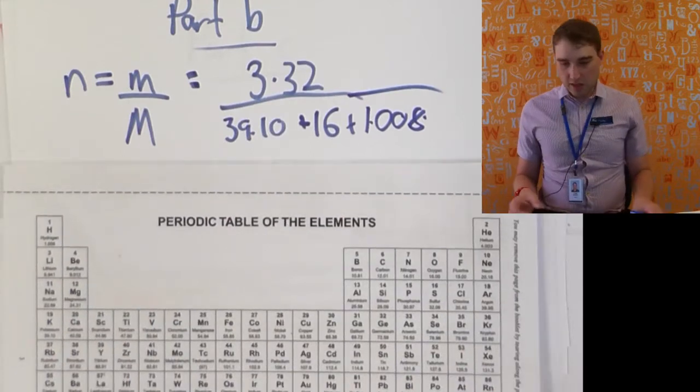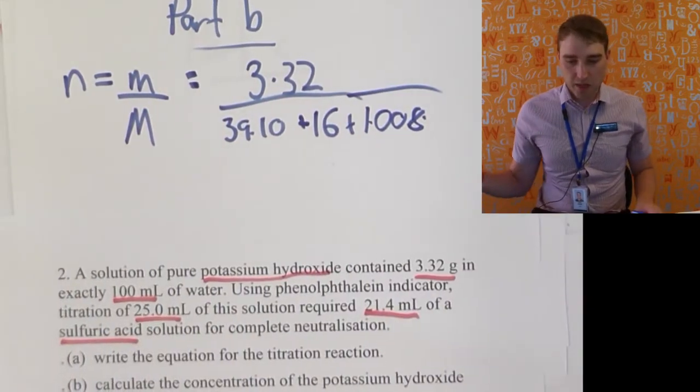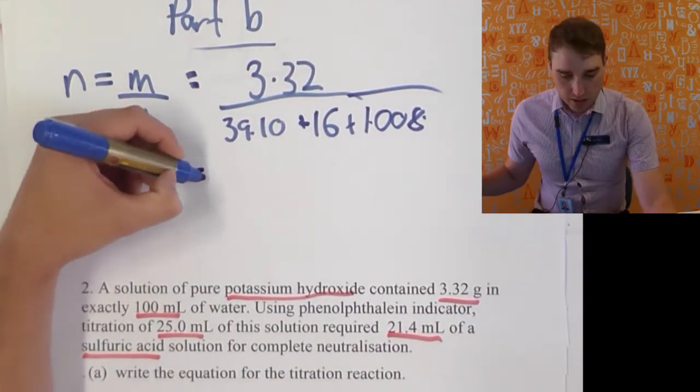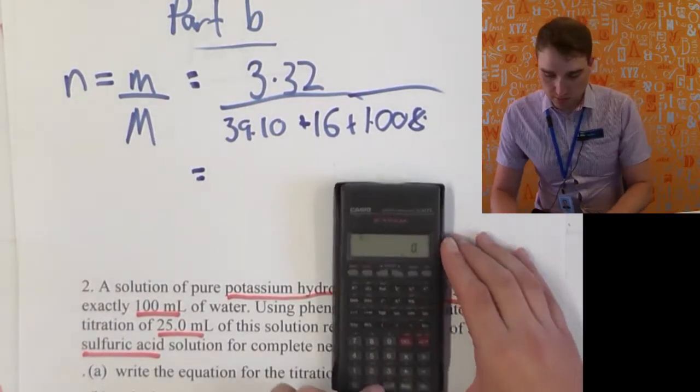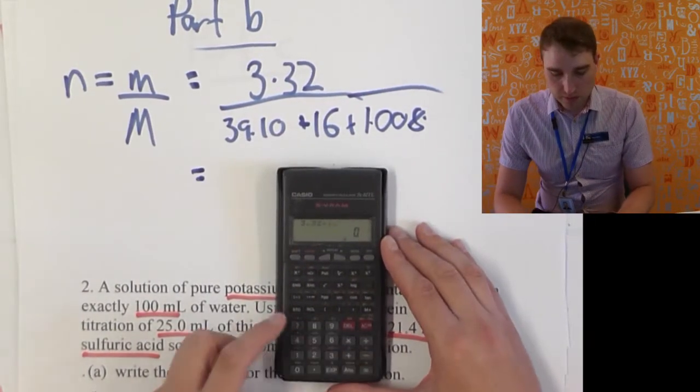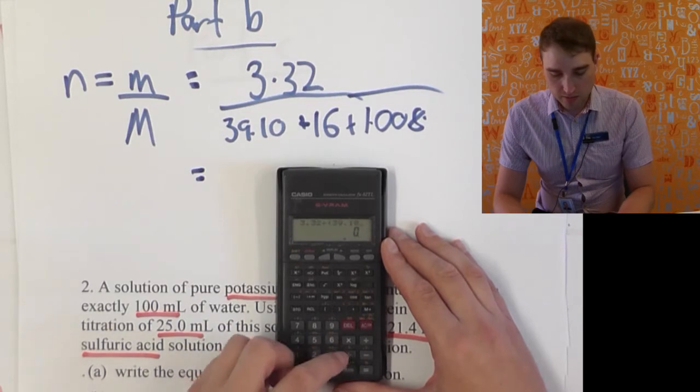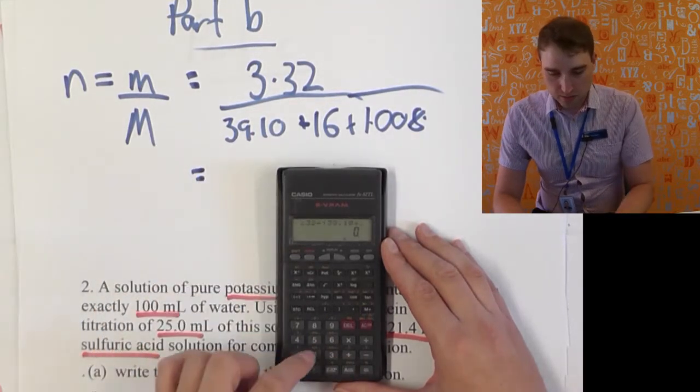Use the relative atomic masses on the periodic table to find the molar mass. Put that in our calculator, so we've got 3.32 divided by, make sure you put a bracket around the bottom down here.